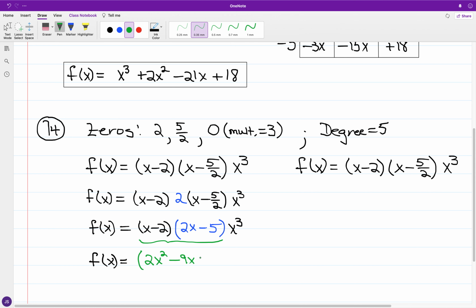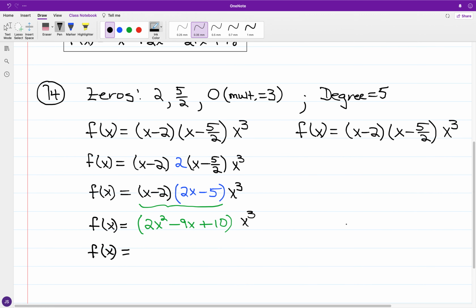And then we have negative 2 times negative 5, okay, it's going to be a positive 10. And once again, we have multiplied by x cubed. And so we have as one possibility, taking this product and multiplying by x to the third.